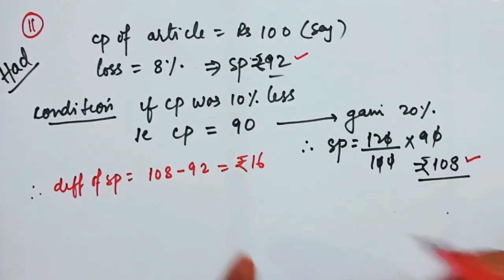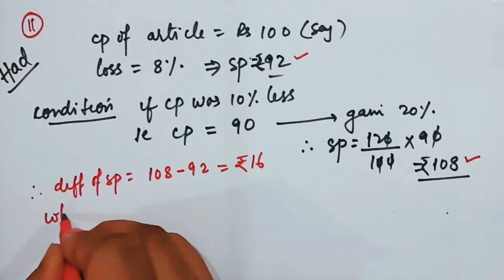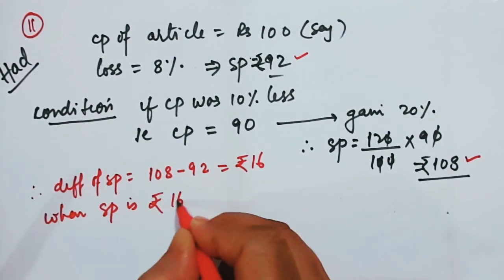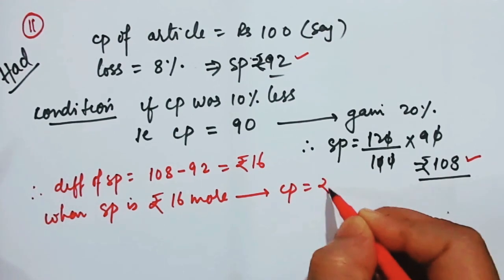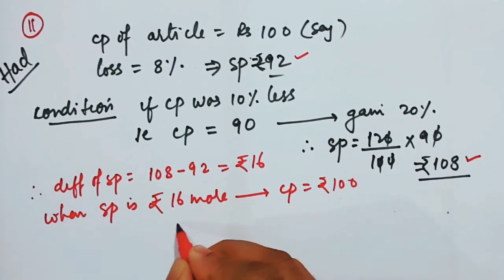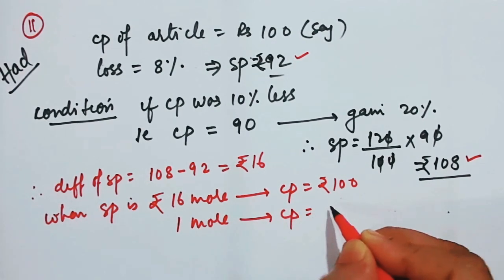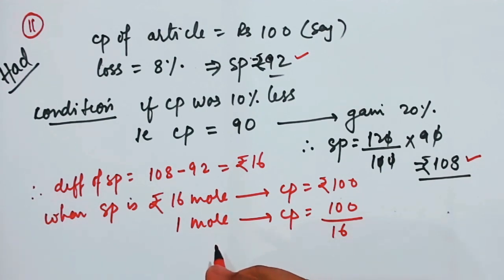Now we will write, when the selling price is rupees 16 more, my cost price was rupees 100. So when one more, the cost price will be equal to this, and when how much more?